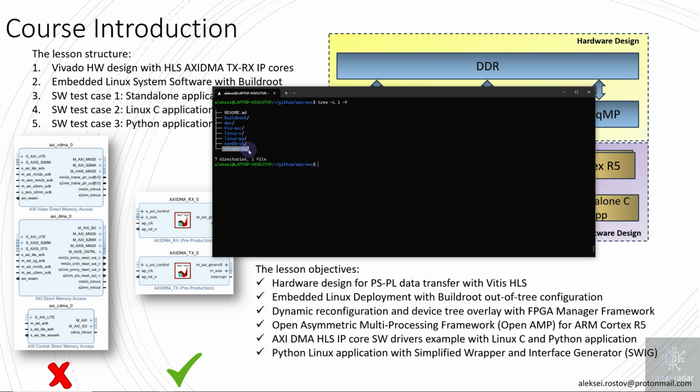This folder consists of different sources in order to build the Vivado hardware design and to create a boot.bin binary file to load Linux from, for example, micro SD or from flash memory.